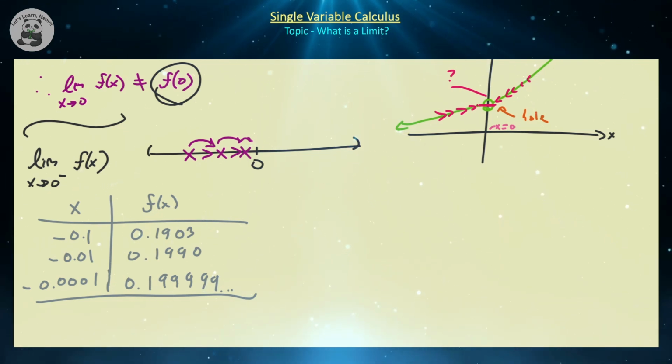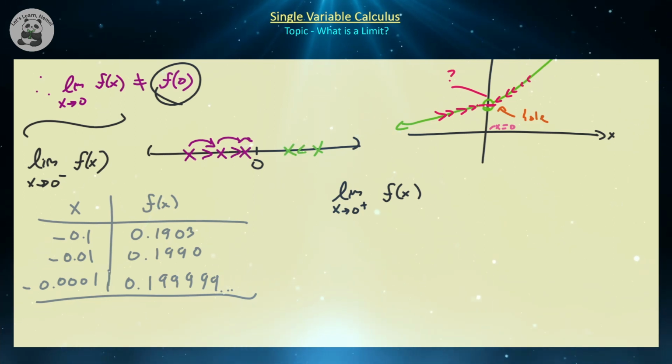So that's pretty interesting. What is going on on the other side? The limit as x approaches 0 from the right-hand side. I'm going to pick a point here, then a point closer on the right, and then a point closer still, and see if the y values appear to be getting closer and closer to something.